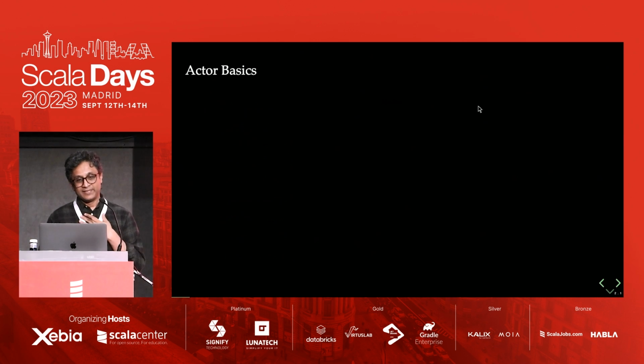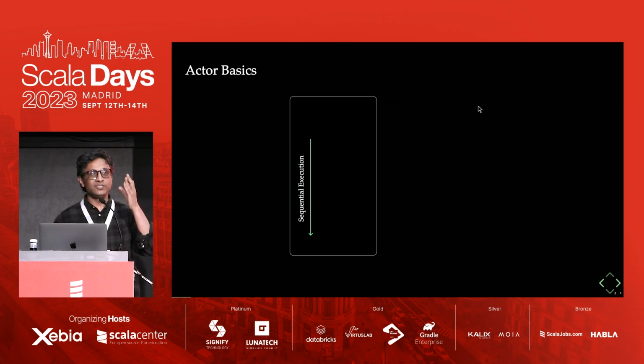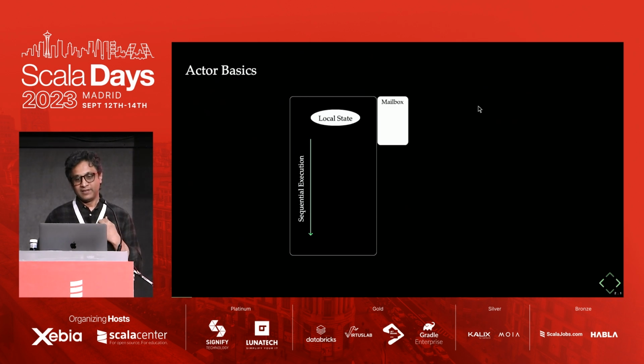Okay. So to begin with, actor, as I said, the value of actor is the sequential execution. It's almost like in an island, you just forget that it's a multi-threaded platform. Within that part of the code, it's just like JavaScript, where there is one thread of control at any point in time. And because of that, modifying local state is easy, predictable, no race conditions.